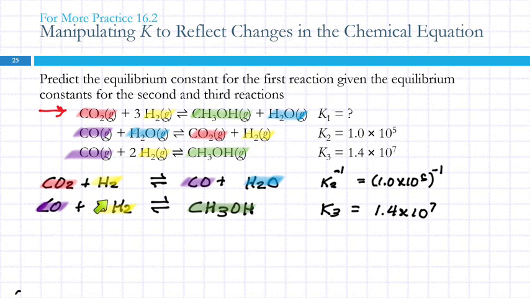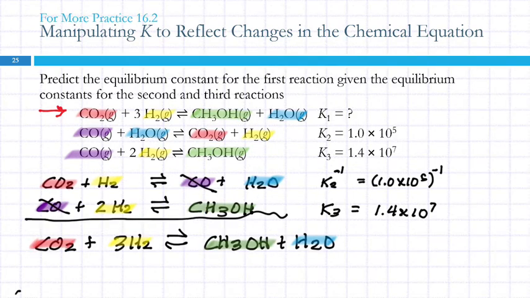So I've got 3H2, I've got CH3OH on the product side, I've got H2O on the product side. I think I'm done. So I added those together, and this equation matches that one. Good, that's what we're going for.